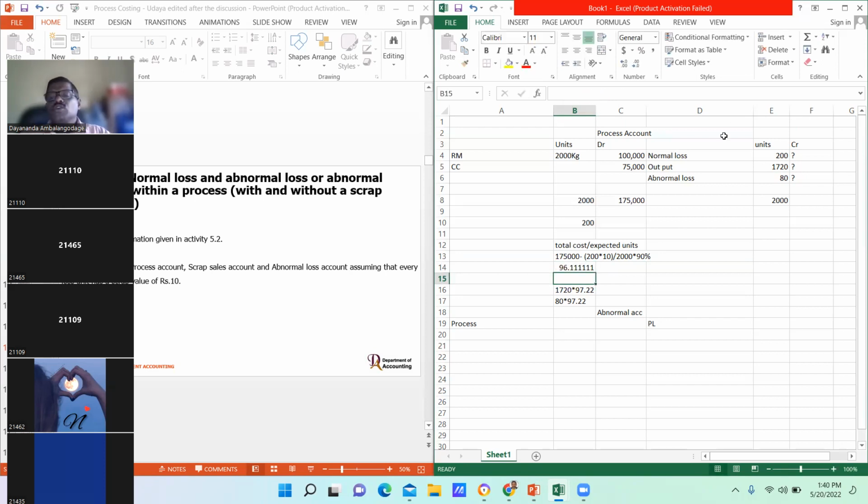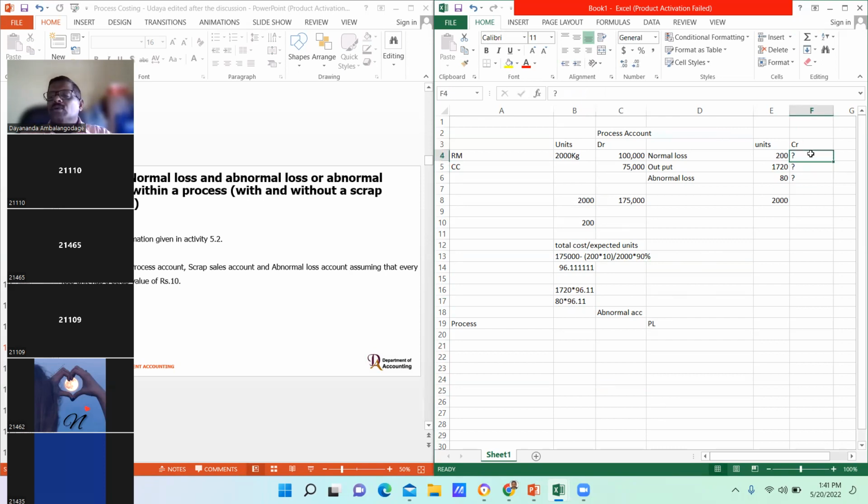Is it clear? So the unit cost would be 96.11. Instead of 97, the new unit cost is 96.11. And the 80 units will be valued at the new unit price of 96.11. That is the idea. So your values would vary.